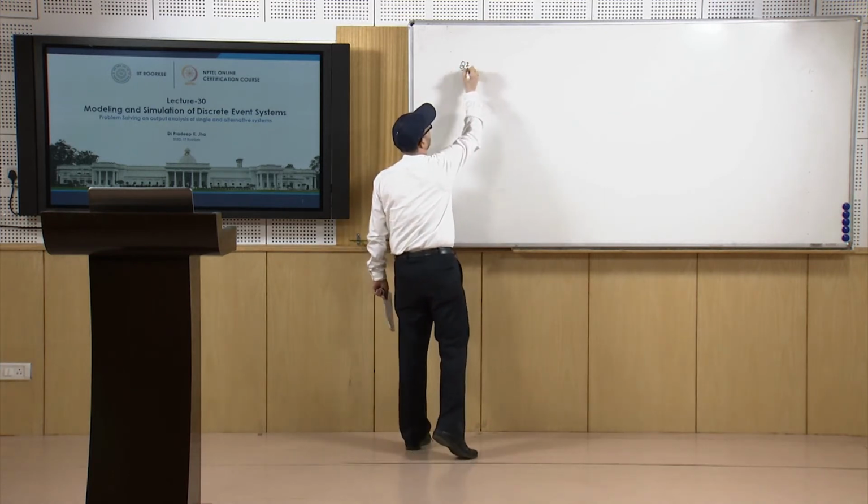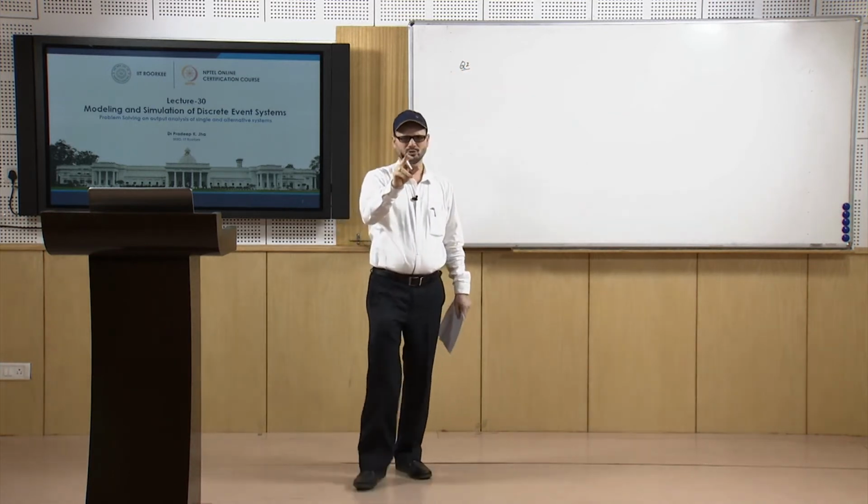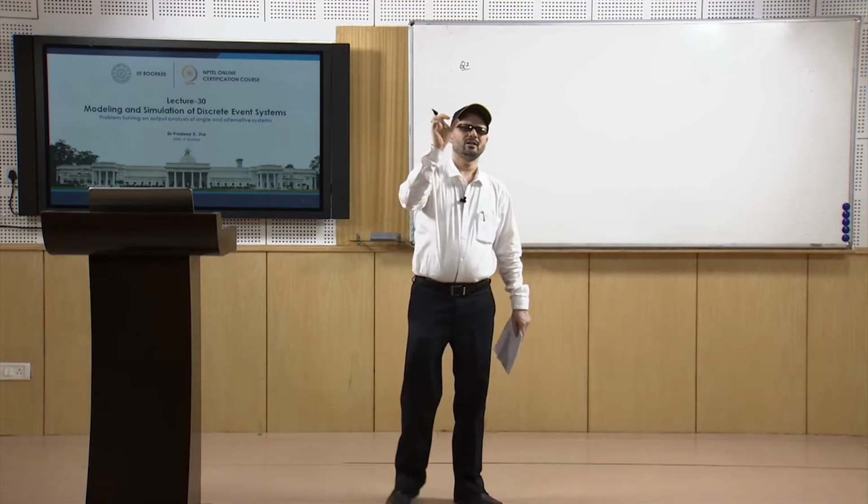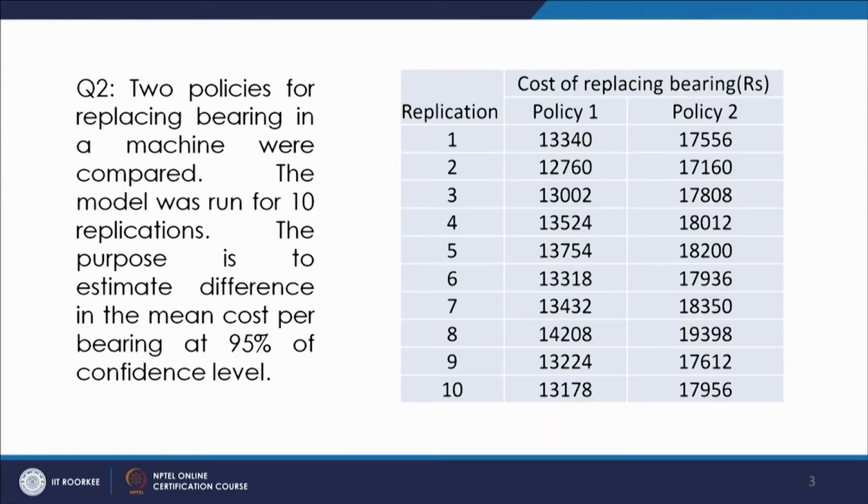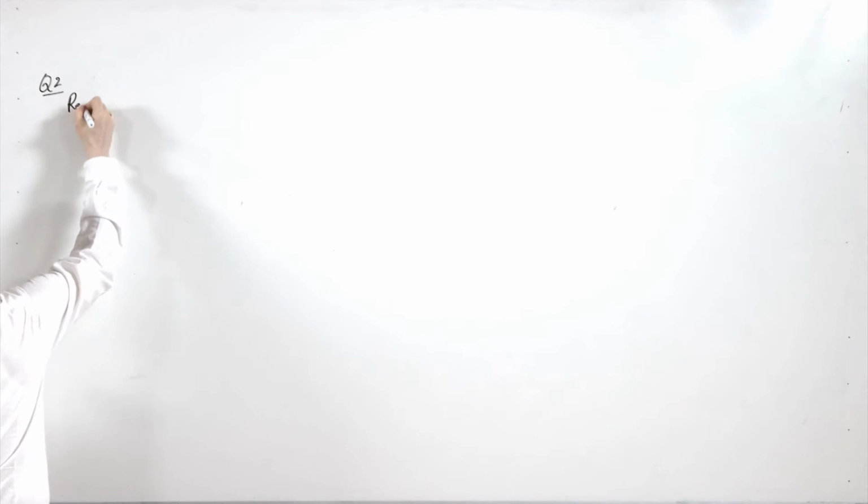So, for question number 2, what we discussed is that we have the two policies, and against the replication, we have to find the difference between these two policies. So, we will have the difference between policy 2 minus policy 1, against the replication values.